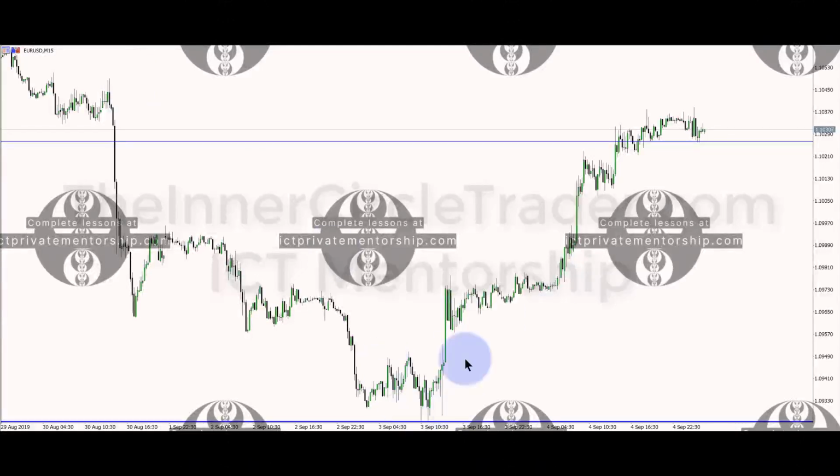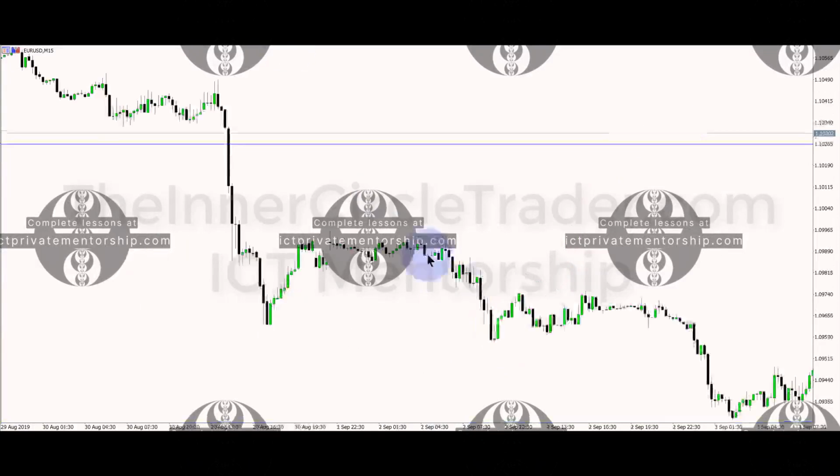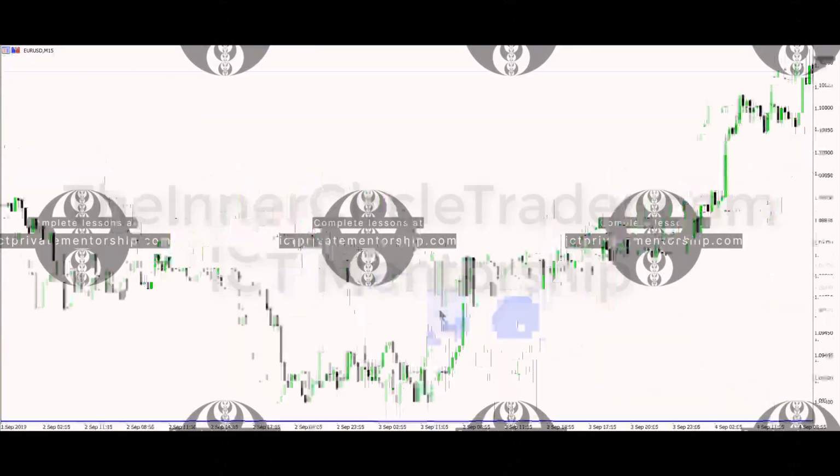If we have an idea that the market is wanting to be bullish, in other words, it's a bullish buy model, or in a buy program, what we're looking for are up close candles to be broken because they would otherwise be bearish order blocks, and we want to see down close candles find support. So let's zoom in here and I'll give you some ideas about what that means.